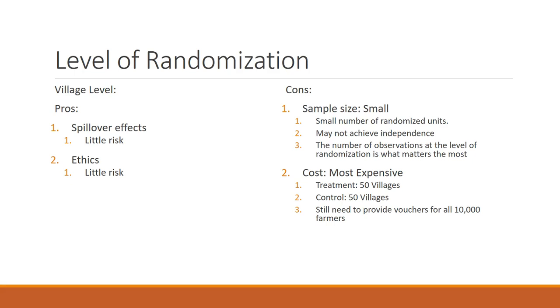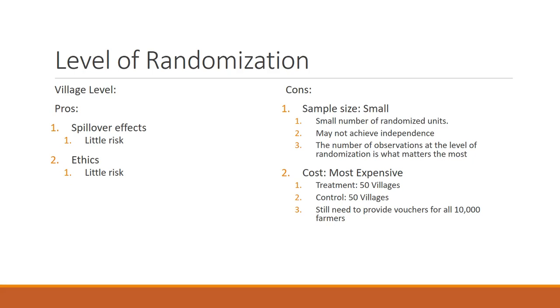If I randomize at the village level, what I'm saying is that I'm randomly choosing entire villages to get the treatment, and then entire villages to get the control. That means all the eligible farmers in the treatment villages will get the treatment, and all the farmers in the control village will not get the treatment.